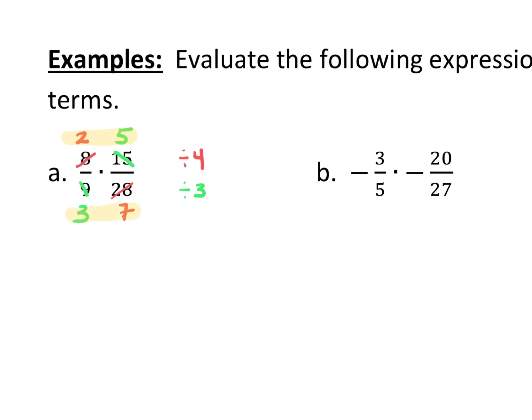If we multiply 2 times 5, we get 10. And if we multiply 3 times 7, we get 21. And that is our final answer: 10 over 21. 10 and 21 do not have any other common factors, and so this is in lowest terms.